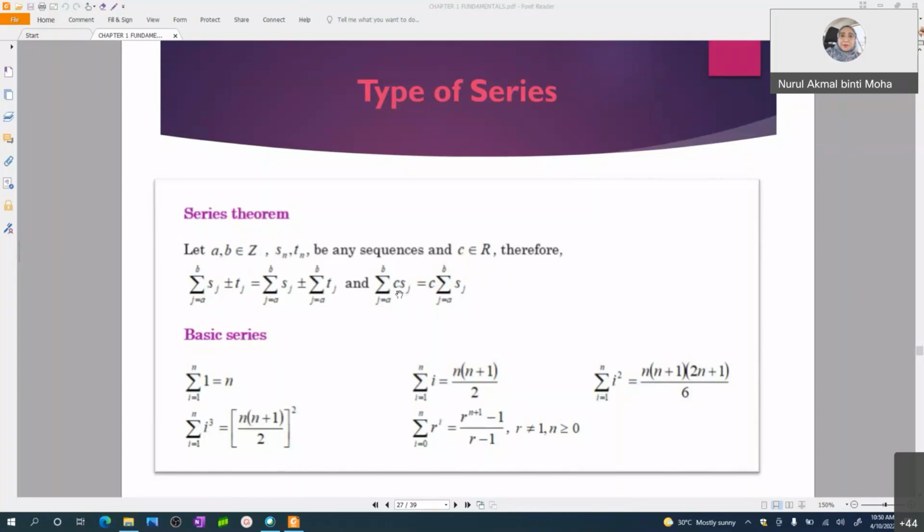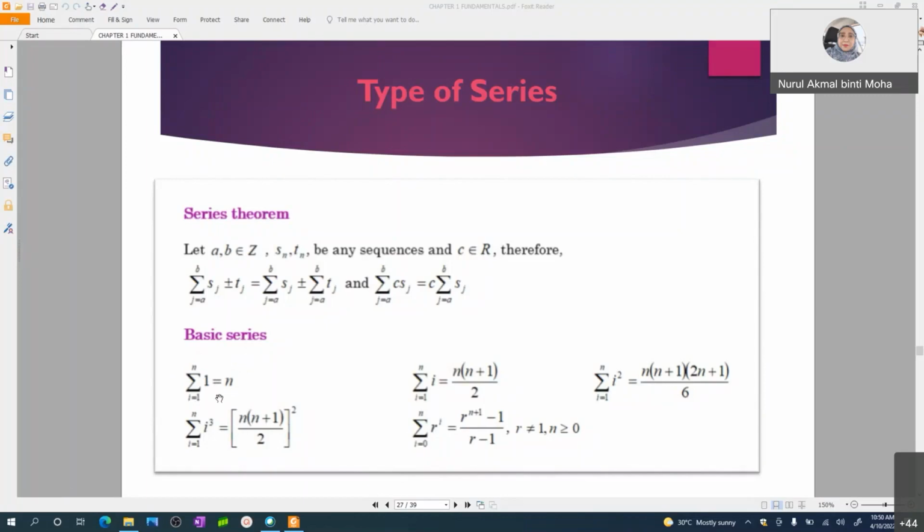Okay, for C, Sj, if we have a real number C here, C can always be taken out from the symbol sigma. Okay, and then for the basic series, if you have the summation, i starts from 1 up to n, and the element is equal to 1. If you try to sum up 1, n times, what will you have?